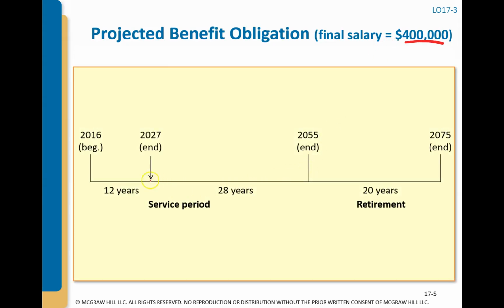We always use our timeline, where the employee started working in 2016, and now we're looking for the PBO at the end of 2027, which covers 12 years. We're told the employee is going to work 40 years before retirement, which means they have another 28 years to work. And then in 2055, they're retiring for an estimated 20 years.